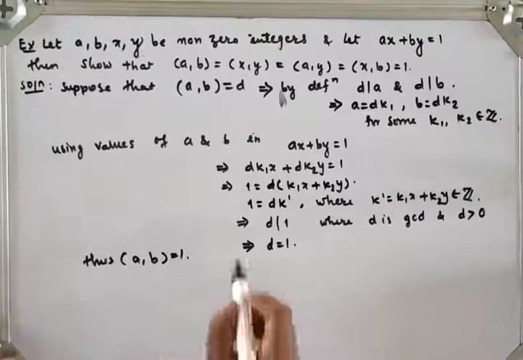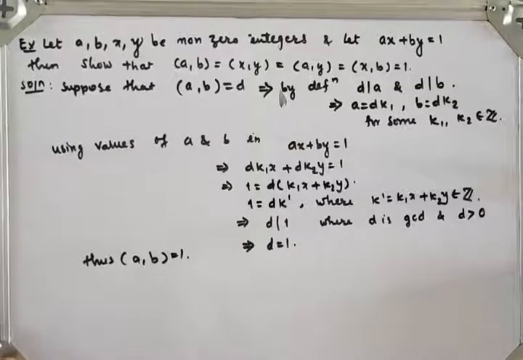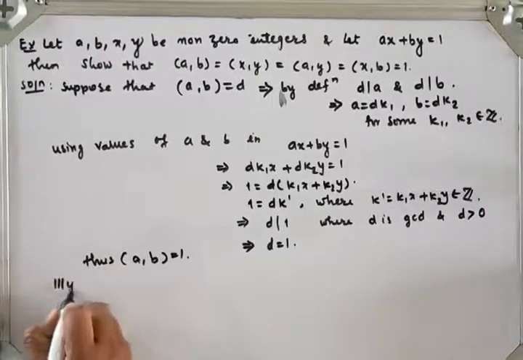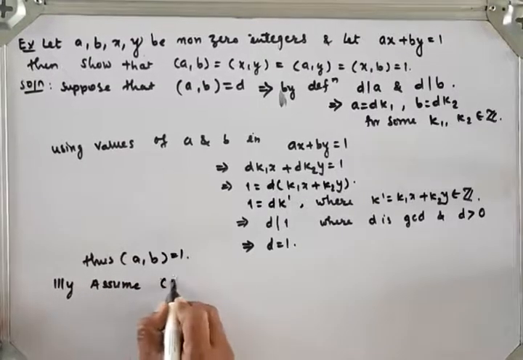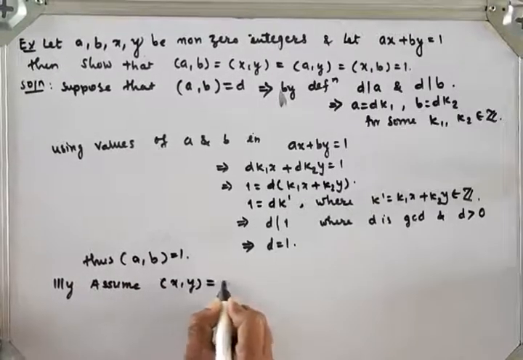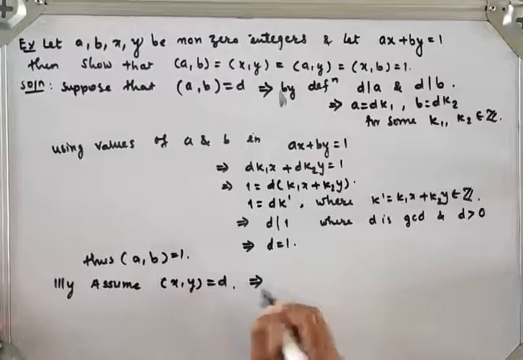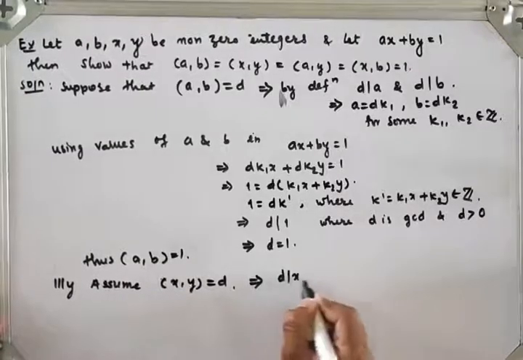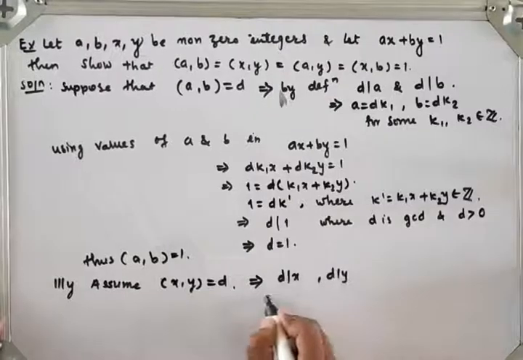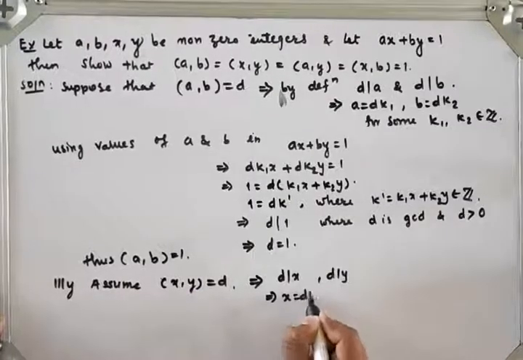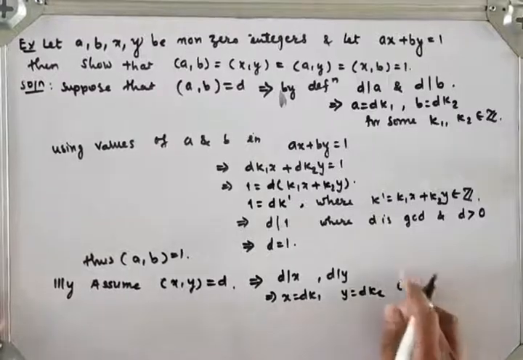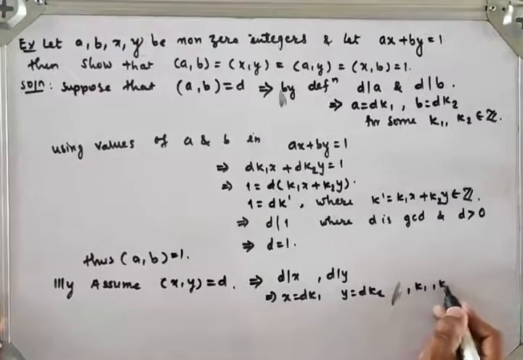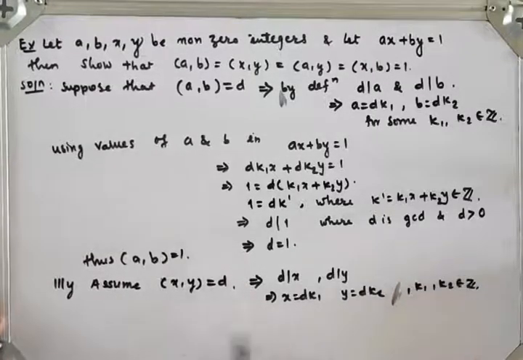Similarly we have to show that GCD of x and y is again 1. Similarly assume GCD of x and y is again d, then by the definition of divisibility, d divides x, d divides y, then x is equal to dk1, y is equal to dk2, where k1, k2 belong to the set of integers.